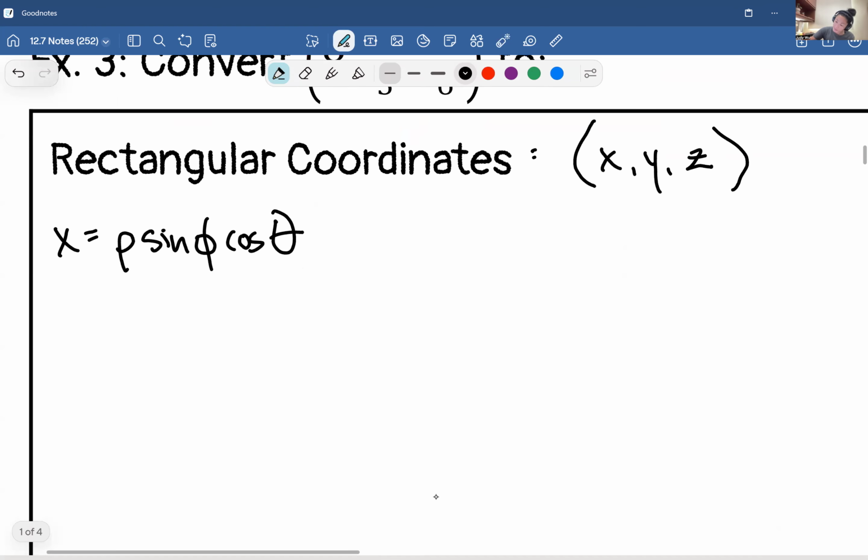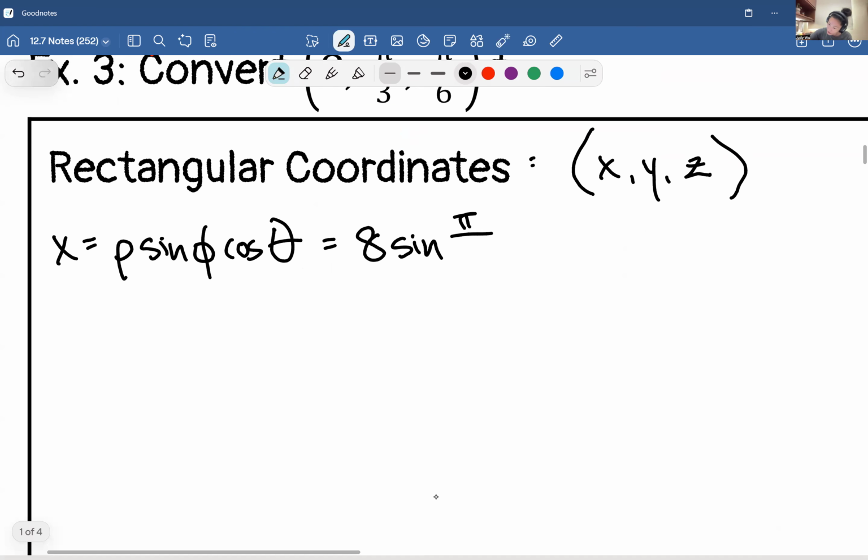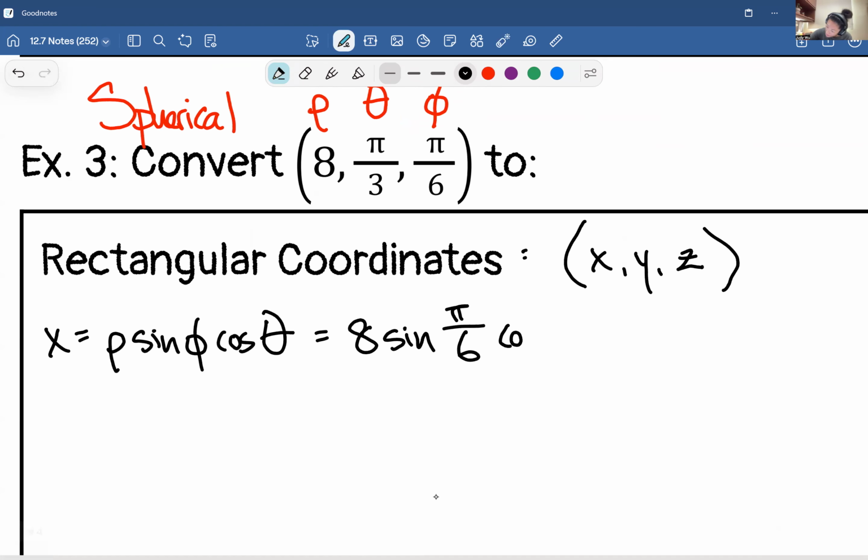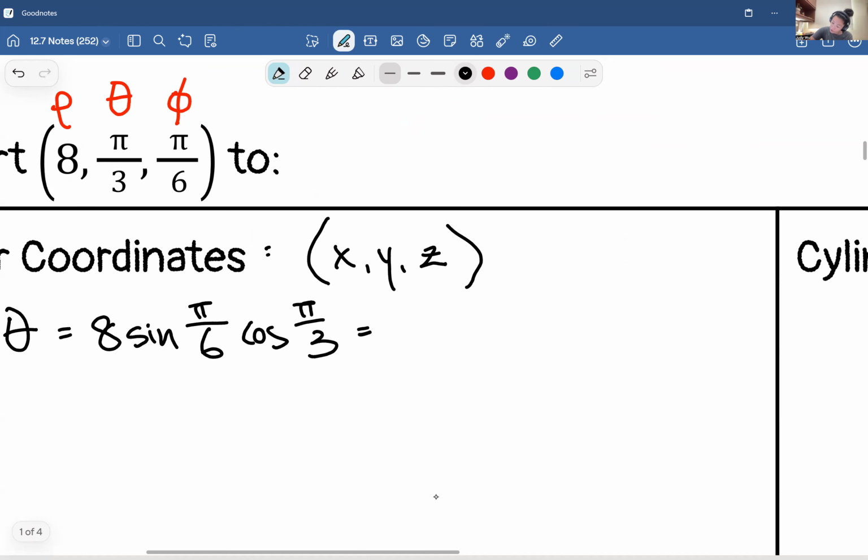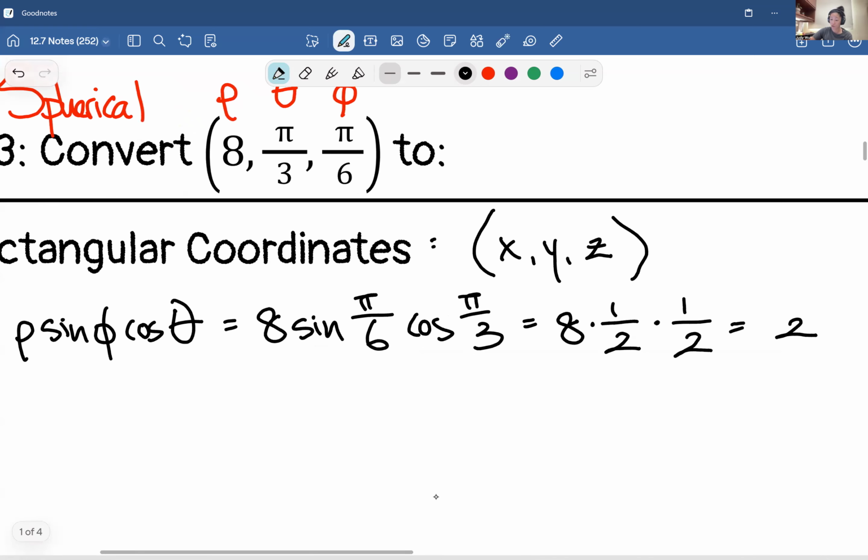So if I use the values I've got 8 sine of pi over 6 cosine of pi over 3. All right, let's use this as a chance to brush up on our trig values. Our sine of pi over 6 is 1/2. Our cosine of pi over 3 is also 1/2.